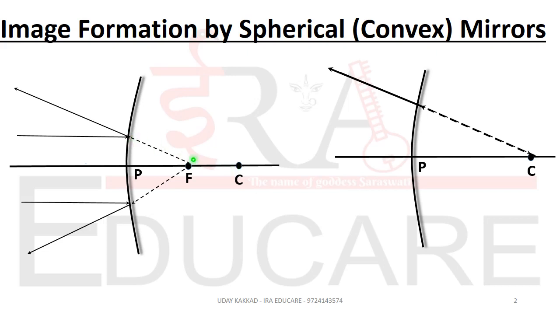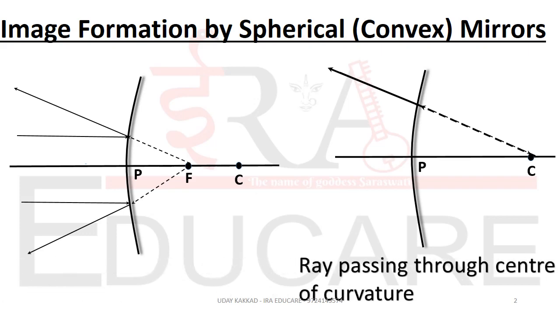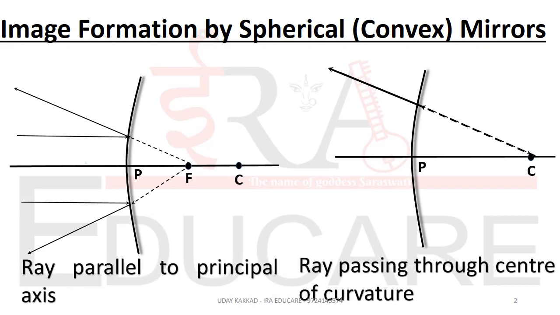So your focus point is here, inside the mirror, right? Is that clear? So a ray passing through the center of curvature and a ray parallel to the principal axis are the basic rays which we use in image formation.